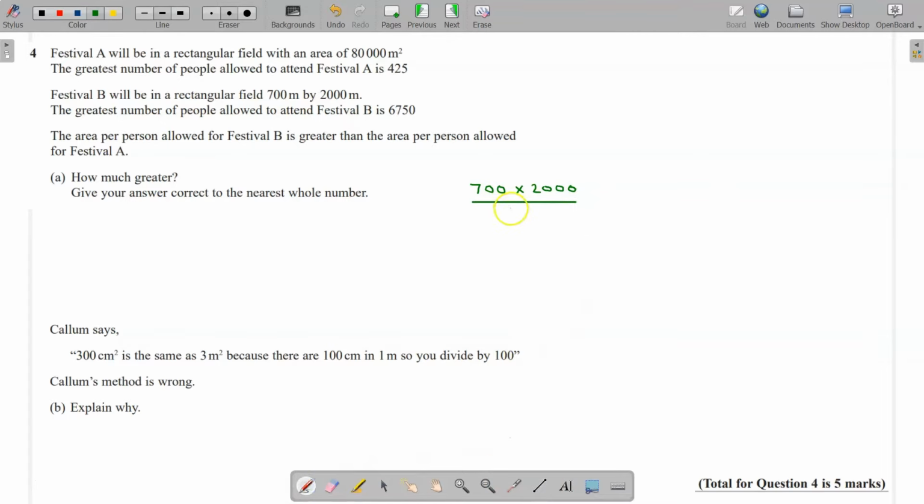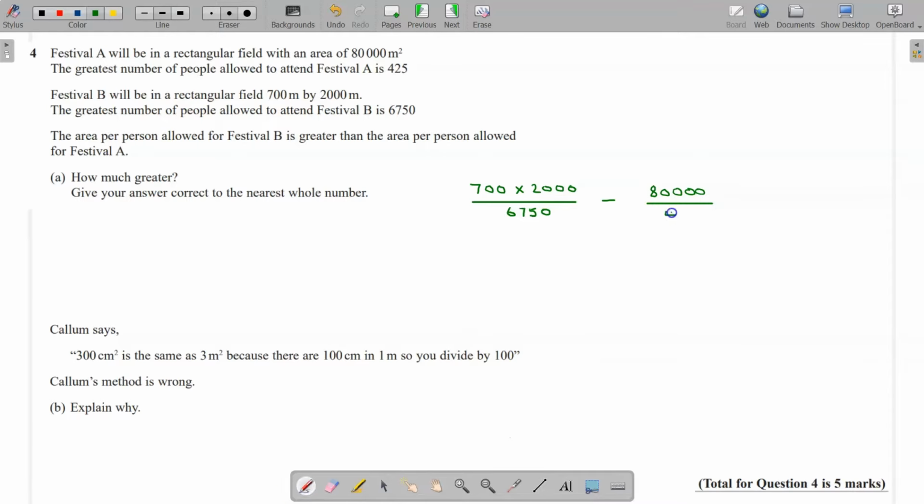6750. I don't need to know what that number actually is, but I do know it's the bigger of the two from this part of the question. So I'm going to just subtract the other one from it. The area is already given as 80,000, so we don't actually need to work it out. But we do need to divide it by the number of people at Festival A, which was 425.